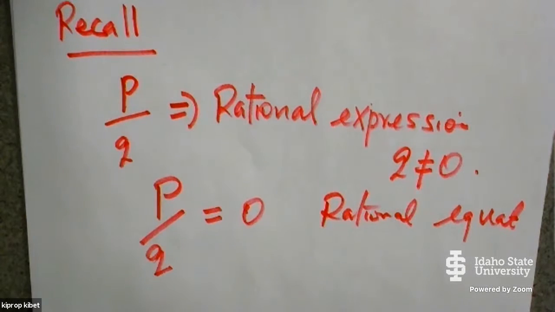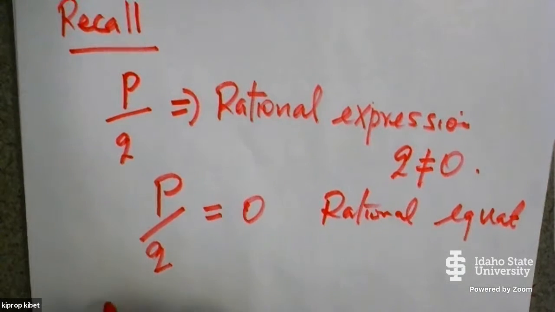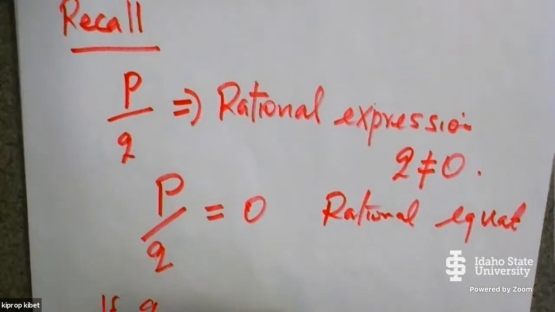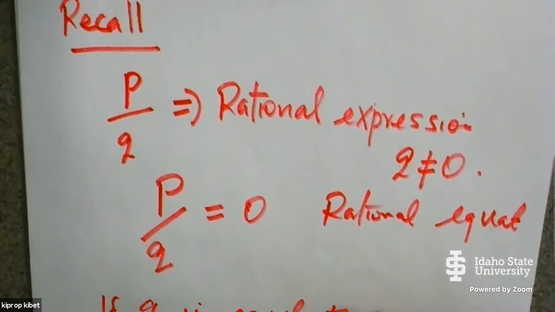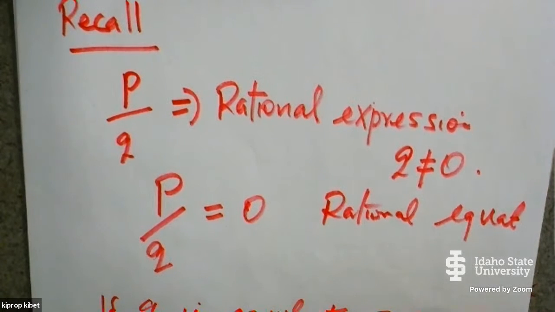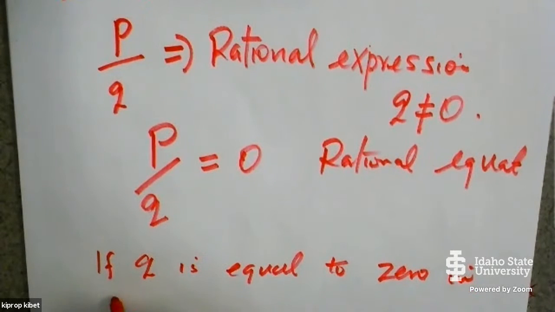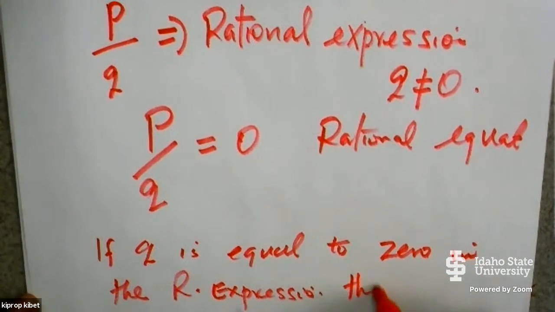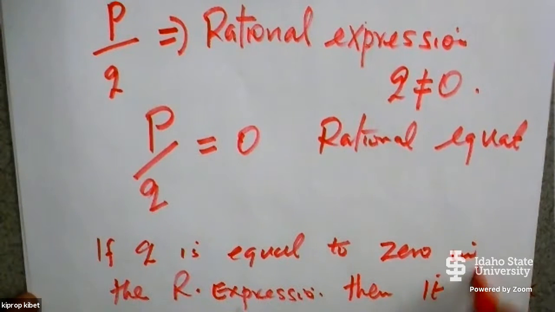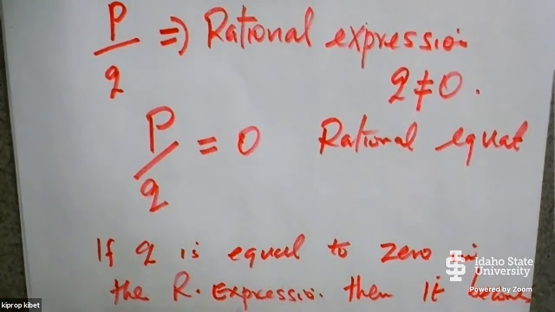So if Q is equal to 0 in the rational expression, then it becomes undefined, right?